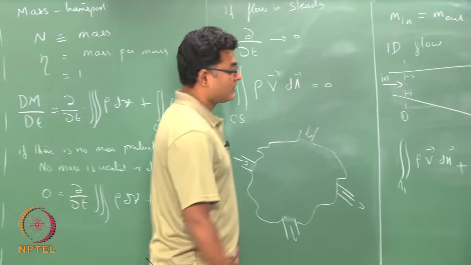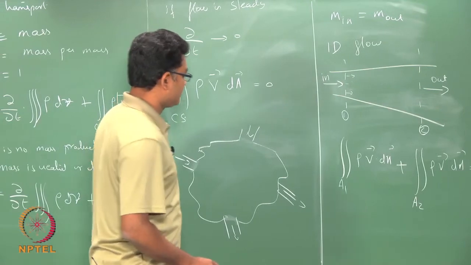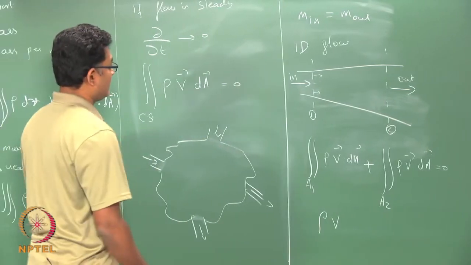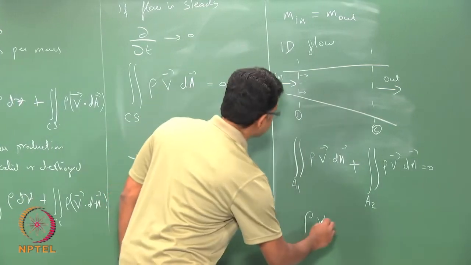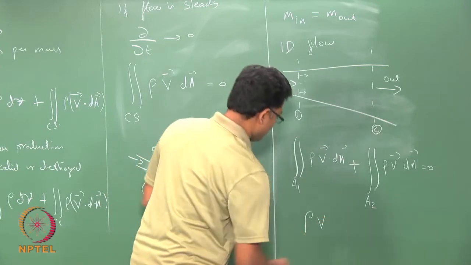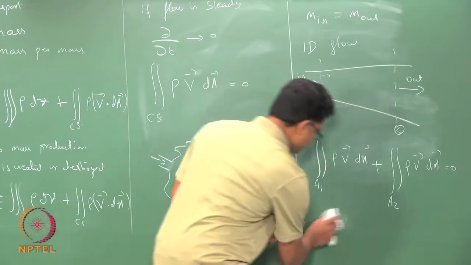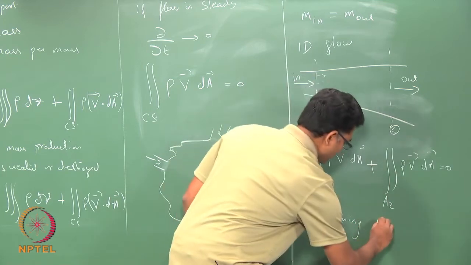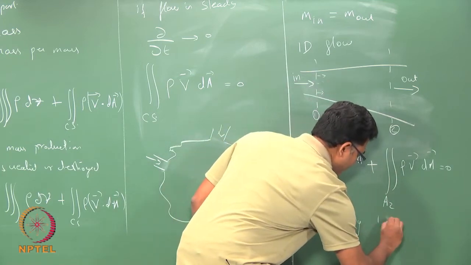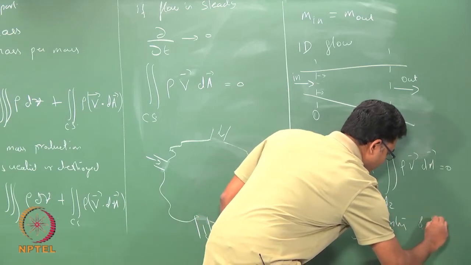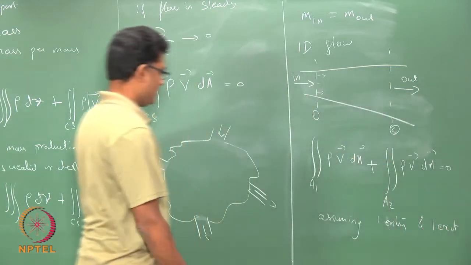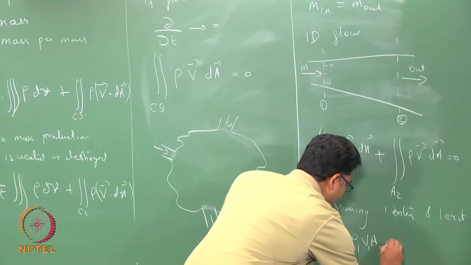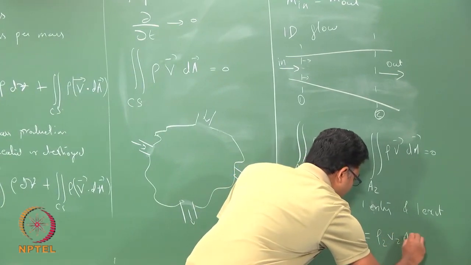So, if the fluid that is coming in is considered positive and that is going out as negative, then, assuming 1D flow with one entry and one exit, you can rewrite this as rho 1 V1 A1 equals rho 2 V2 A2.